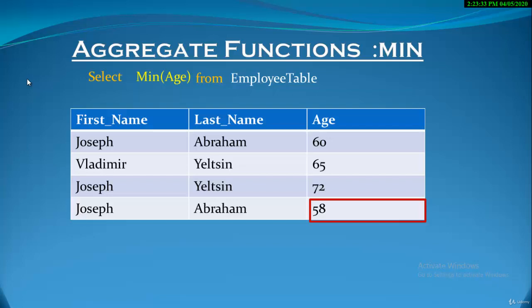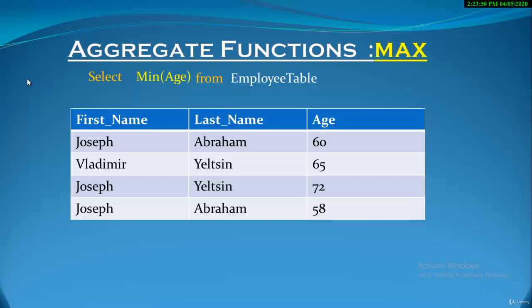Now the question arises: how can we select the maximum value from the same age column? To get the maximum value, we have another aggregate function, which is max. You just have to place the word max in place of min.